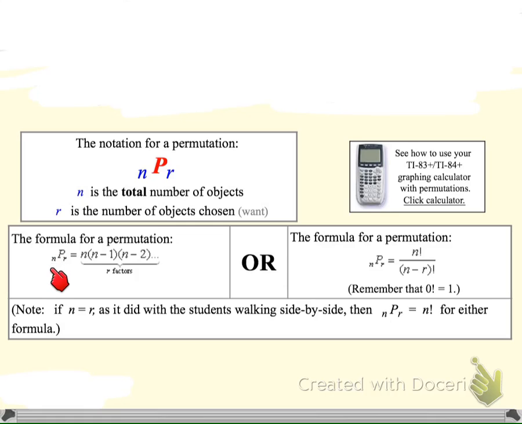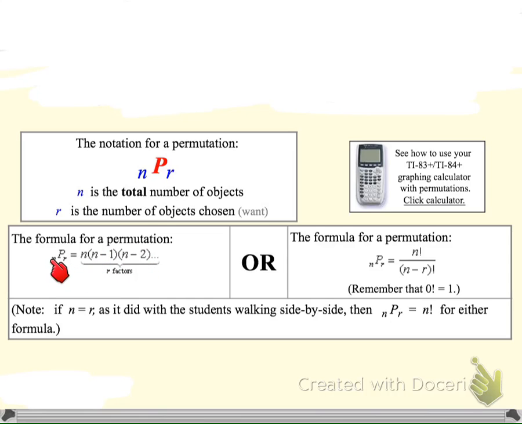Okay, so now you've got the number of total objects, and R is the number of objects chosen. The way you're doing this is you go N times N minus 1 times N minus 2, which really means you're doing factorials.